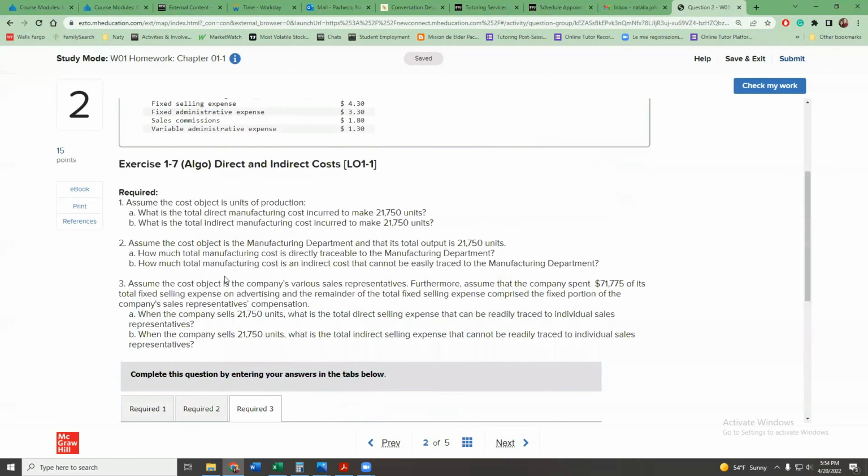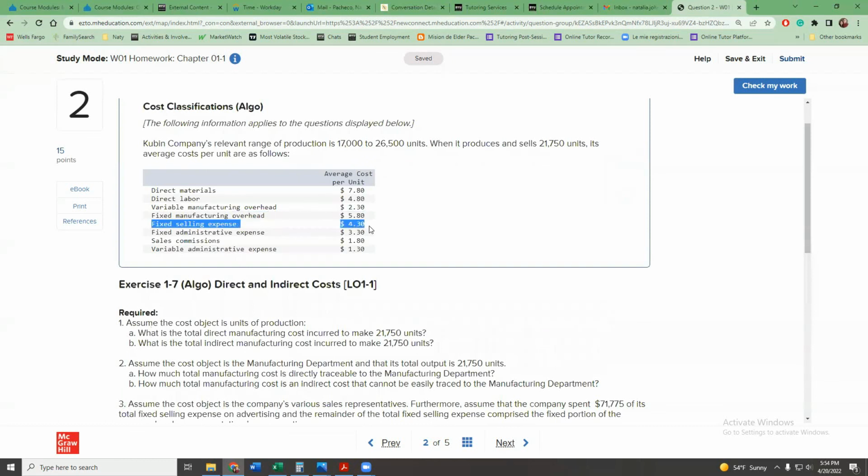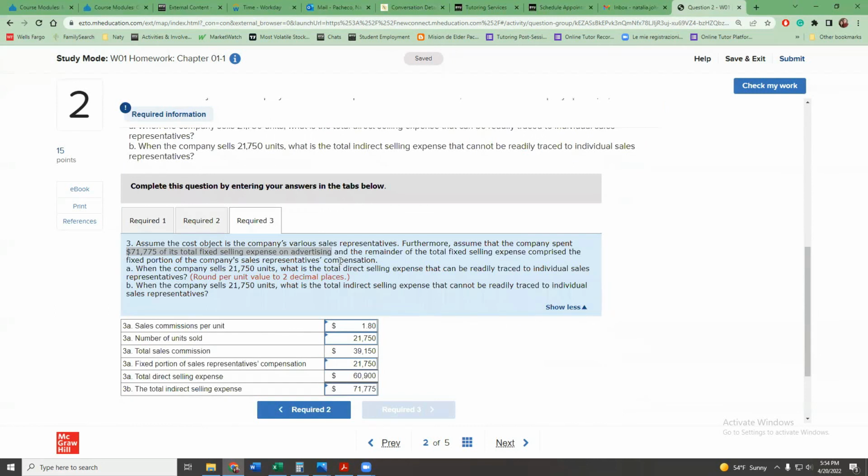So this means that they give us the 430 per unit on the fixed selling expense. If you multiply that 430 times 21,750, you're going to have the total fixed selling expense. So from that total selling expense, they took 71,775 on advertising, and the remainder of the total fixed selling expense comprises the fixed portion of the company's sales representatives' compensation.